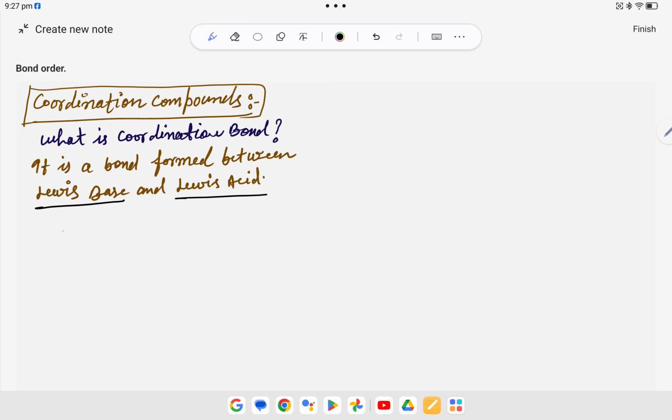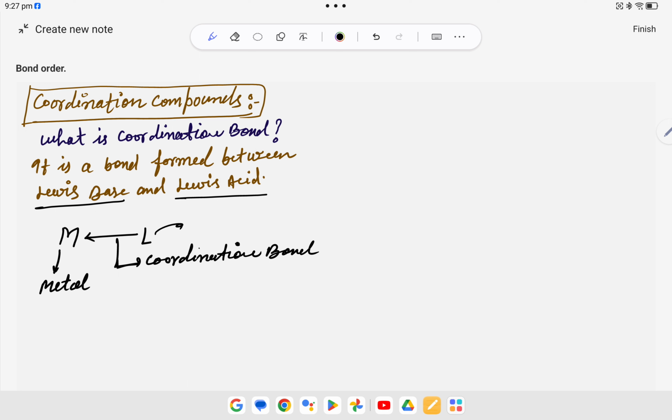How is it attached? M, L. So this is your coordination bond. This is metal and it's called ligand. So metal is your Lewis acid and ligand is your Lewis base, Lb.